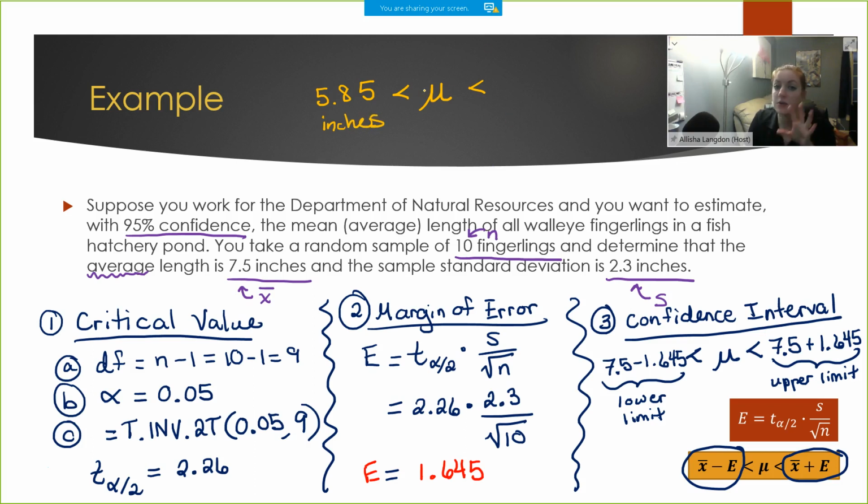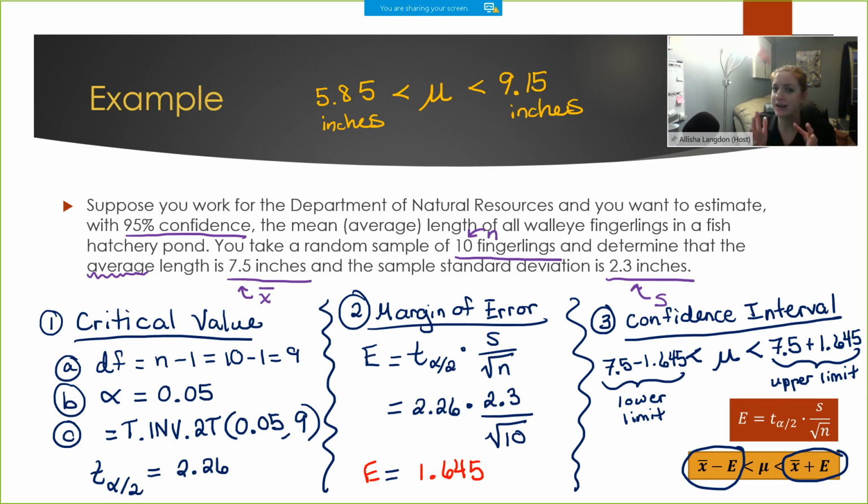Okay, so the average length of these fish for the population should be between 5.85 inches and 9.15 inches. So it gives you a range of possible values, such that we can be 95% sure that the actual average of these fish is somewhere between those two values.